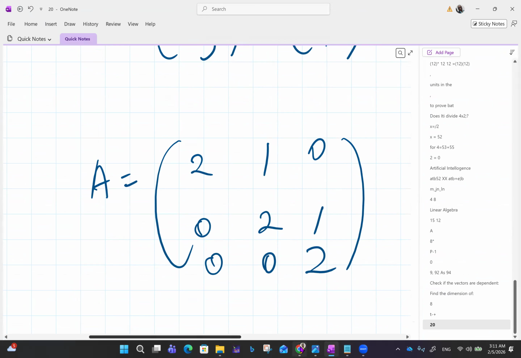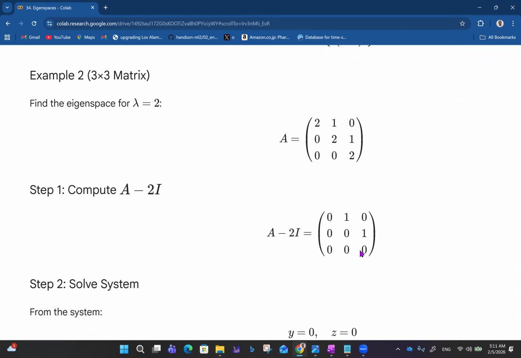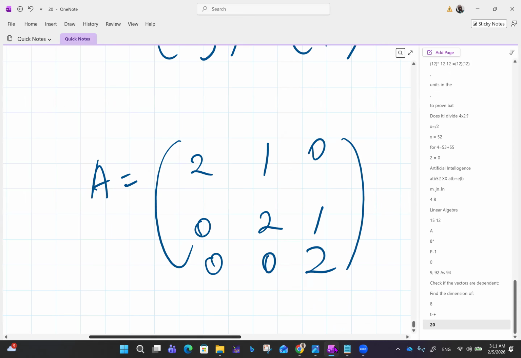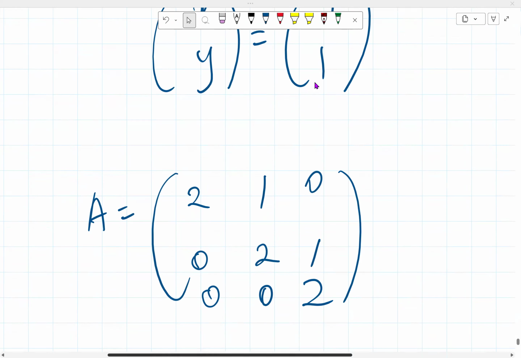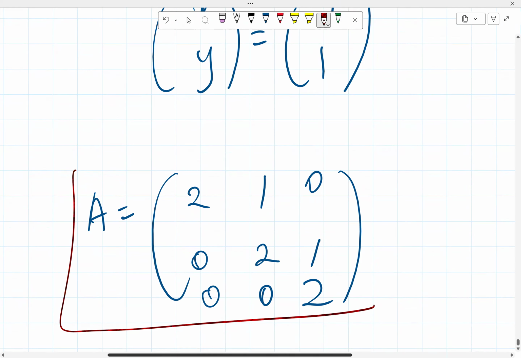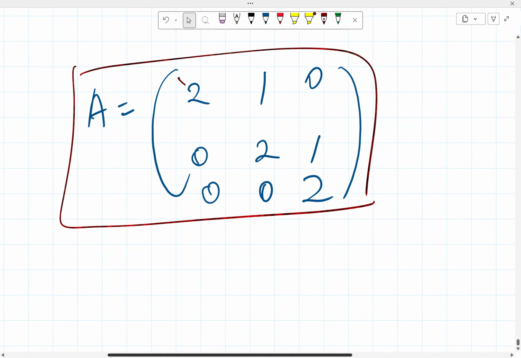I'll skip as much as I can since we've done this amply previously. From here, I don't have to waste time with the determinants for the eigenvalues, because since it is a triangular matrix, I can easily read off the eigenvalues.